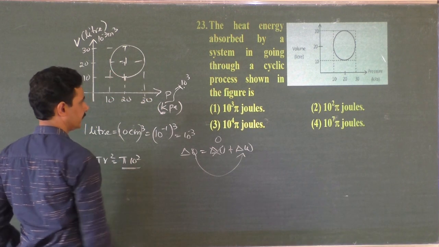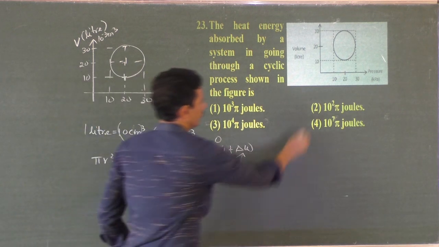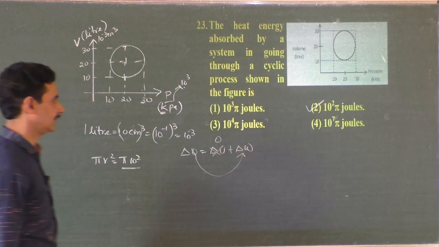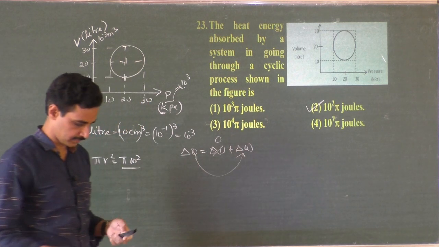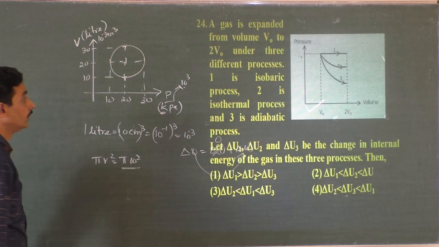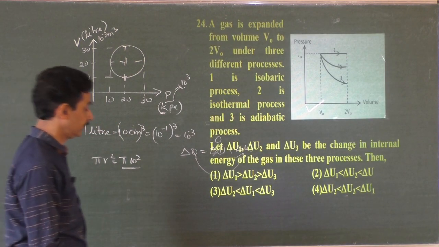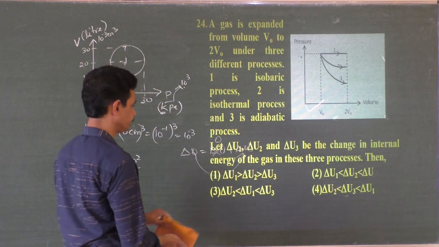So only 100 pi will remain. 10 squared pi joules here. That is the area which is nothing but heat energy absorbed. Work done is heat energy absorbed, since it is a cyclic process. Very easy graph. Now, looks horrible, right? Very large question, but very simple.